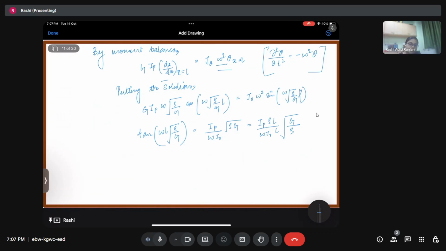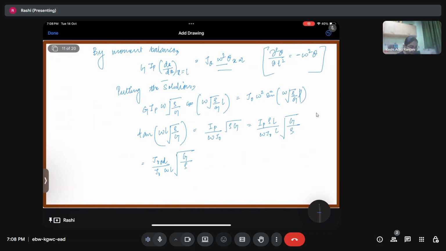Ip was what? It was the polar moment of inertia, right? The polar moment of inertia, when it is multiplied by rho into L, is going to give us J of rod, right? So this will be nothing but J of rod divided by J naught omega L under root of G by rho, right? So what do we get?